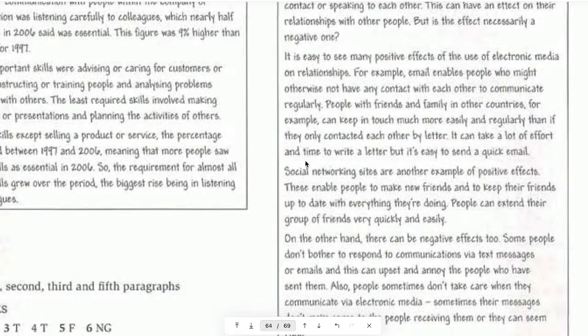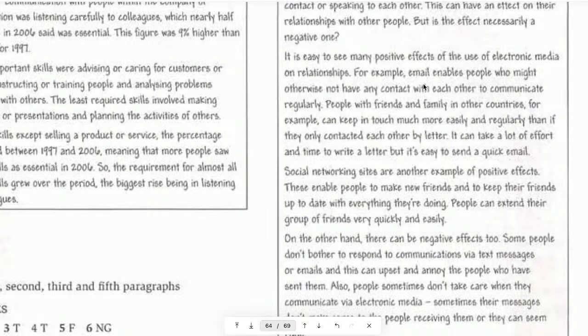Yes, so you see that? Okay, so yes, we guessed correctly, right? So they give some positive effects of the use of electronic media on relationships.